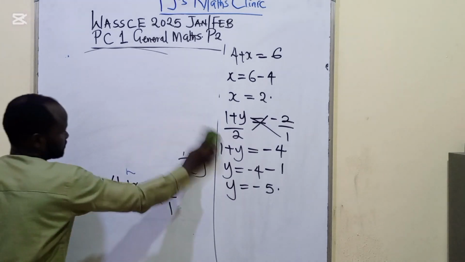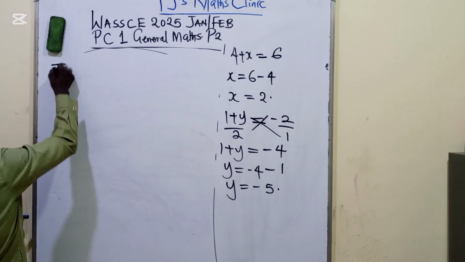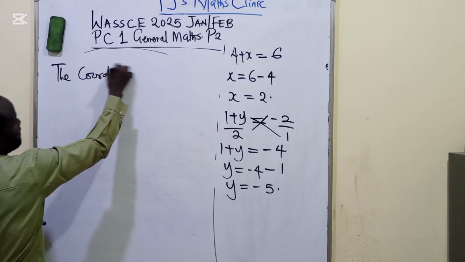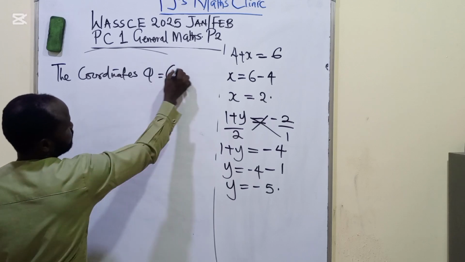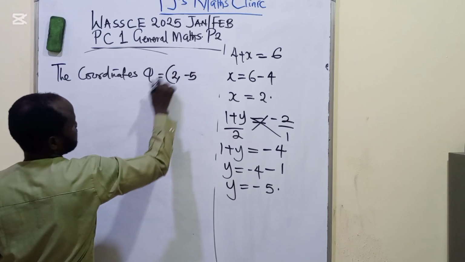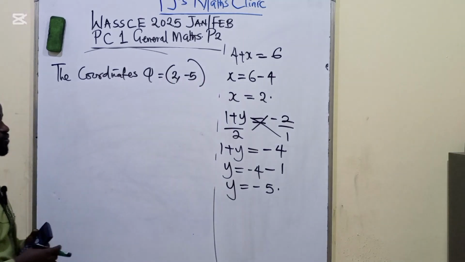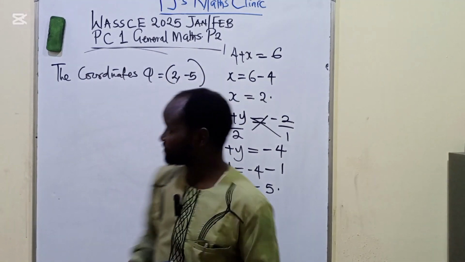We can write this by saying the coordinates of Q is 2 comma minus 5. This will be the coordinate of Q. So this is the solution to this number 5 question.